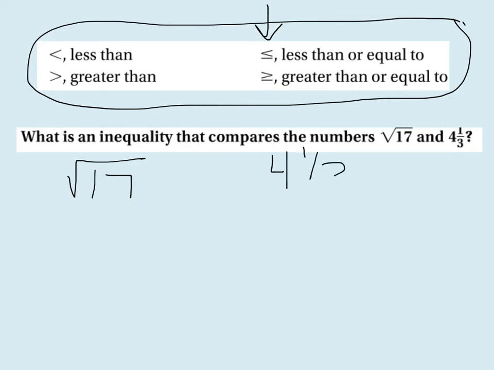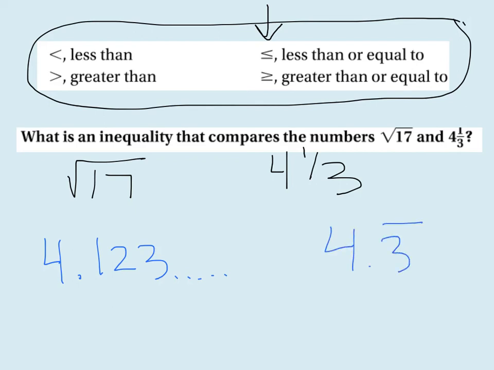And 4 1/3. Now, I've said this before, and it's always going to be easier if you change any numbers to decimals because it's easier to compare. So square root of 17 is 4.123 and so on and so forth. 4 1/3 is 4.3 repeating.